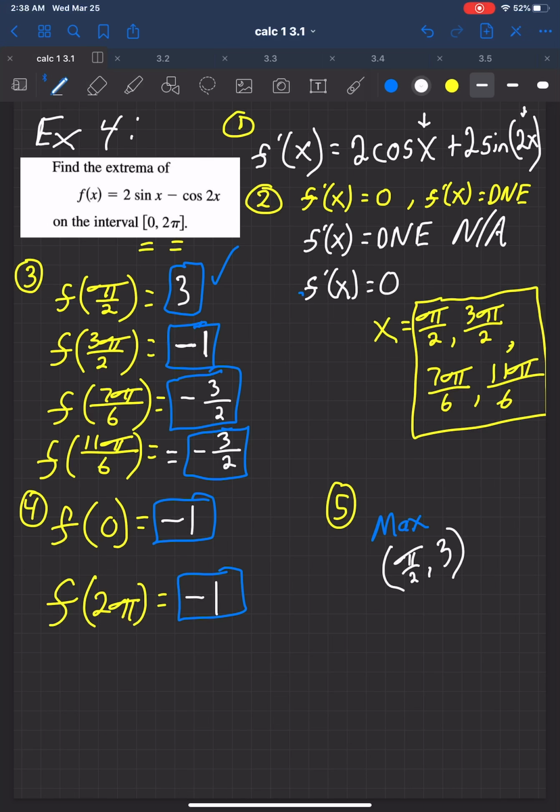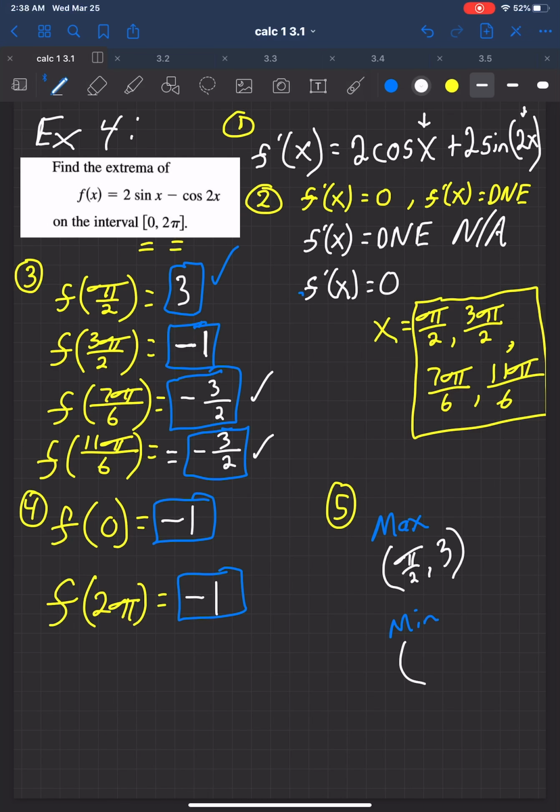Okay? And now let's find the minimums. Right, there might be more than one. In this case, let's see here. -1.5 is smaller than -1, so we would have minimum values at -3 halves.